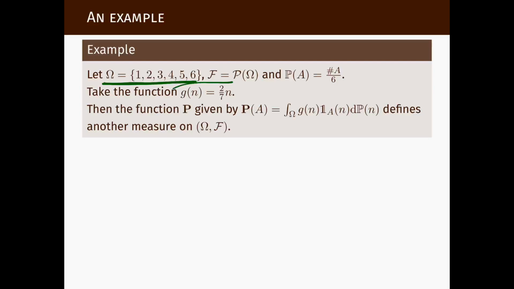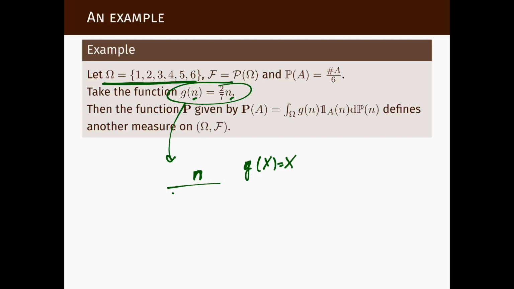And this is a factor g, which I'm taking as n. So n here is just g of n. This is really just taking g of x equal x.